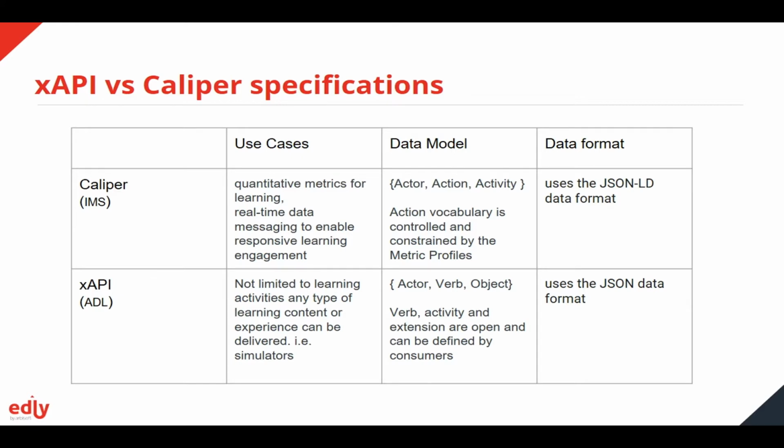The format of both specifications is JSON, but in the case of Caliper, it is JSON-LD, which allows us to define our terms in a document on a remote location.